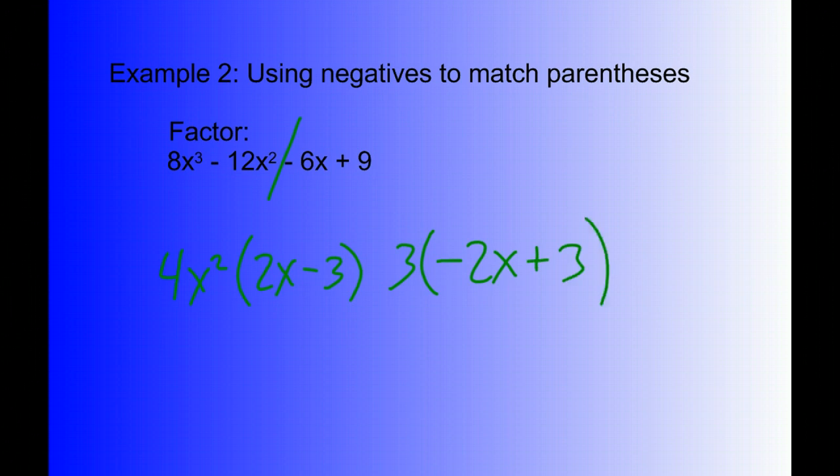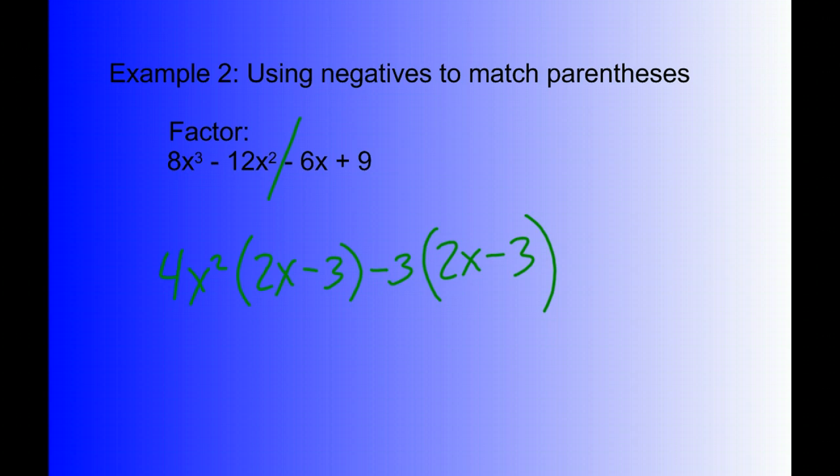However, my parentheses don't match. So therefore, I need to divide out something different. In this case, we have a sign issue, so I need to divide out a negative 3, which leaves positive 2x minus 3. So by dividing out a negative, I made sure those parentheses matched.